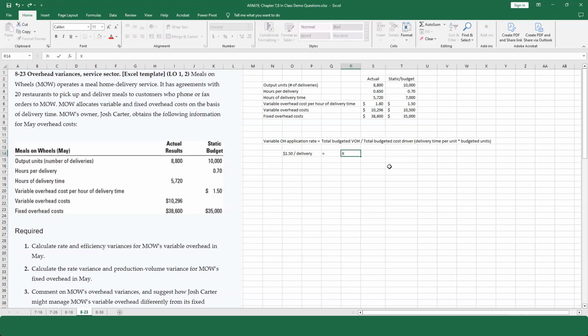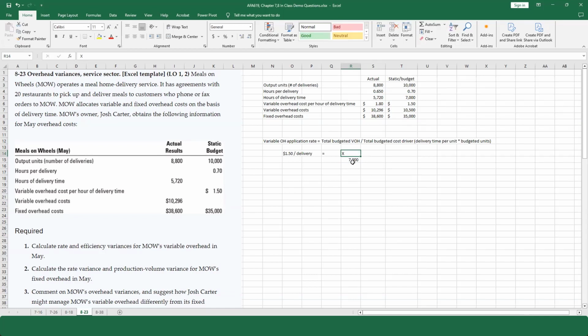I'm going to divide that by the total budgeted cost driver, which is delivery time per unit, and then multiplied by the total number of units I expect to deliver, 10,000, that's 7,000. So I'm solving for this number right here.